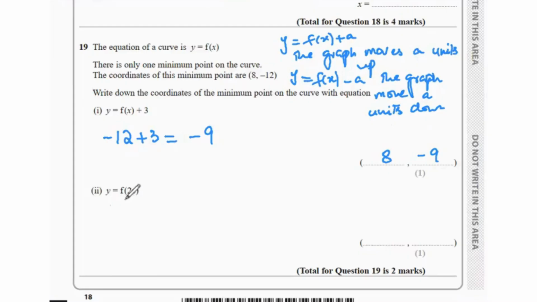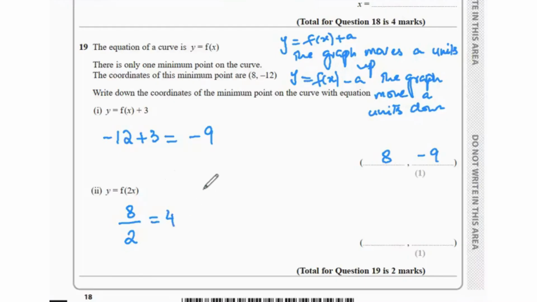Then we have y equals f of 2x. Now you're multiplying a scale factor directly to x. If you're multiplying something directly to x, what you do is you divide the x coordinate by that value. So over here, x is 8. So now x would be 8 divided by 2, which is 4.